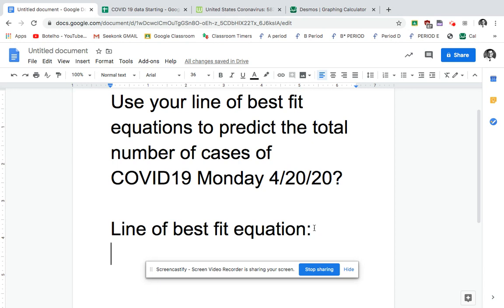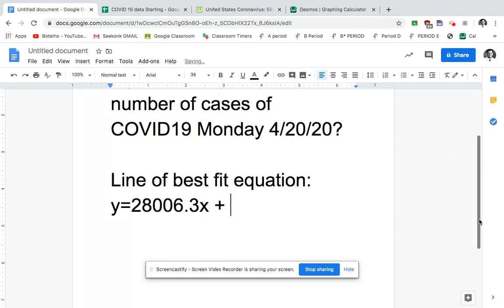2020. So the line of best fit equation is going to be y equals 28,006.3x plus b, and my b value is, oh no, sorry, not 392,000, 39,266.6.